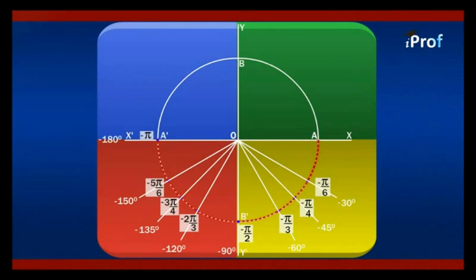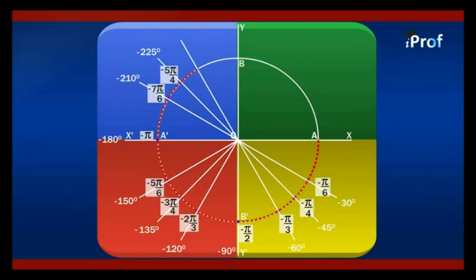Coming back, 180 plus 30 degrees, that is minus 210 degrees, it will be equal to minus pi plus pi by 6, that will be equal to minus 7 pi by 6. Similarly, at minus 225 degrees, it will be equal to minus pi plus pi by 4. That will be equal to minus 5 pi by 4. Similarly, at minus 240 degrees, it will be equal to minus pi plus pi by 3.